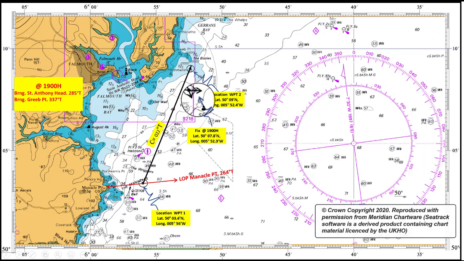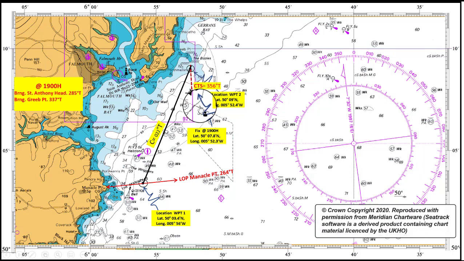The next task is to determine the course back to waypoint 2. Let's measure it. The course is 356. Course to steer to waypoint 2 is 356.